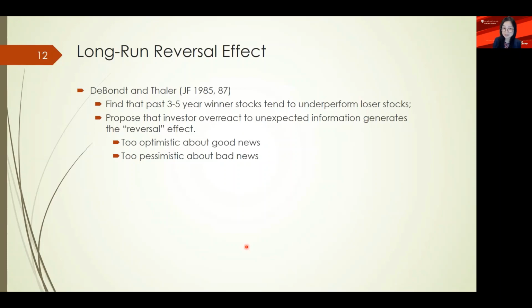Their interpretation is that investors tend to overreact to unexpected information. They tend to overreact to historical long-term returns. If they observe an individual security did really well for a long time, through 3 to 5 years, they tend to extrapolate that expectation into the future, thinking this stock will continue to do well.